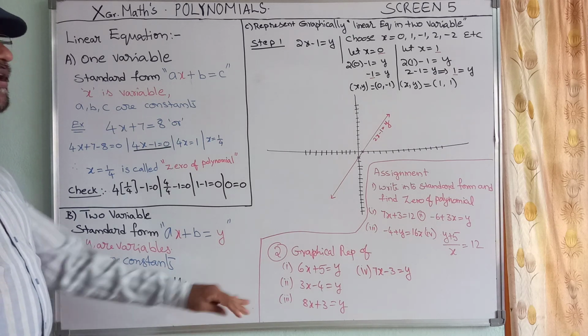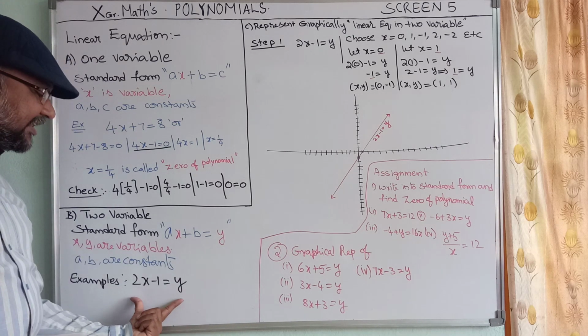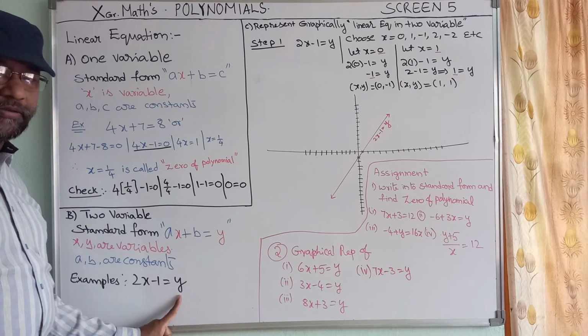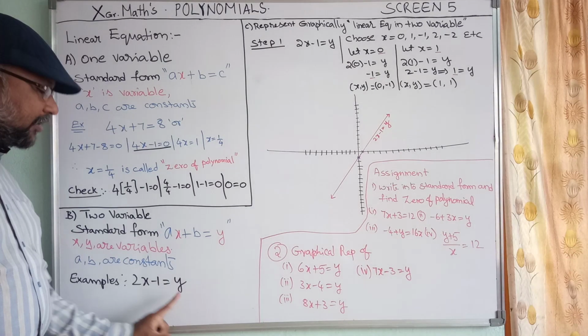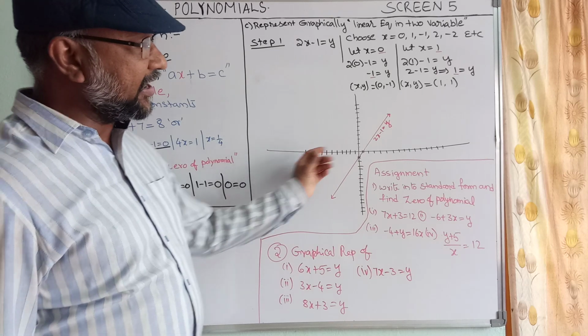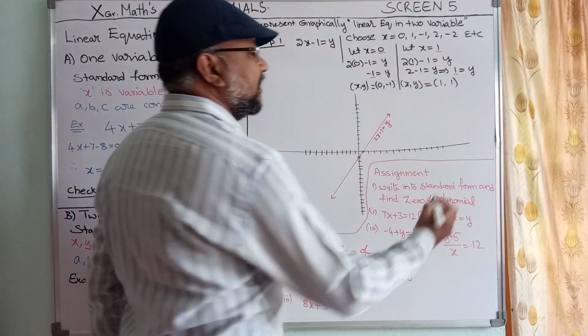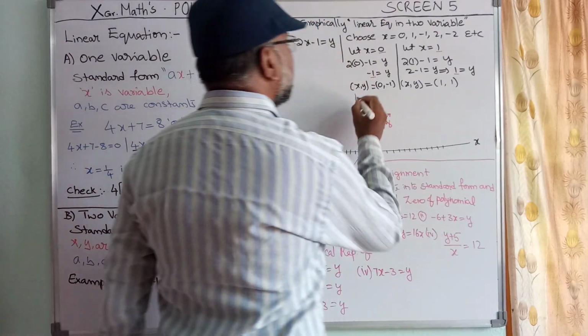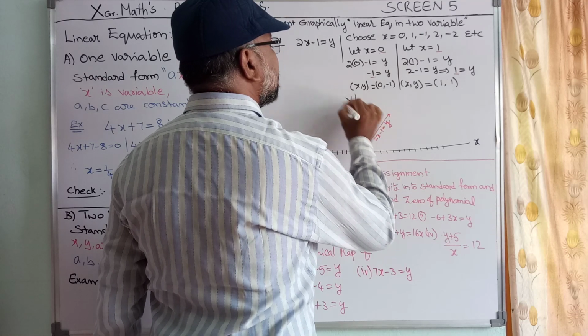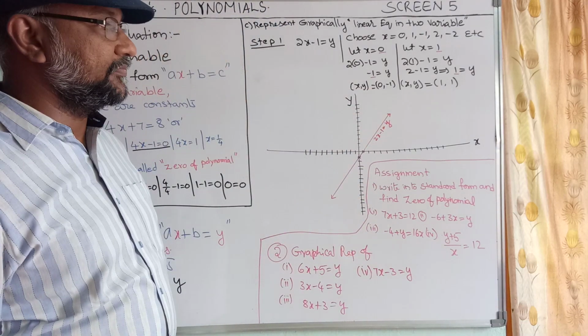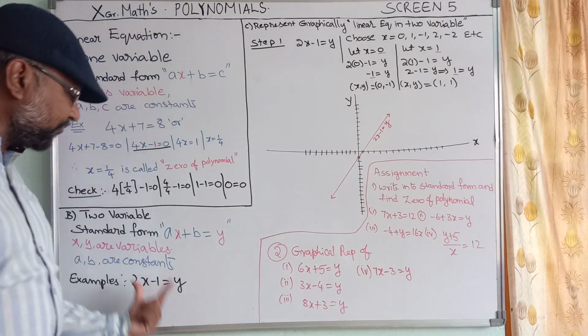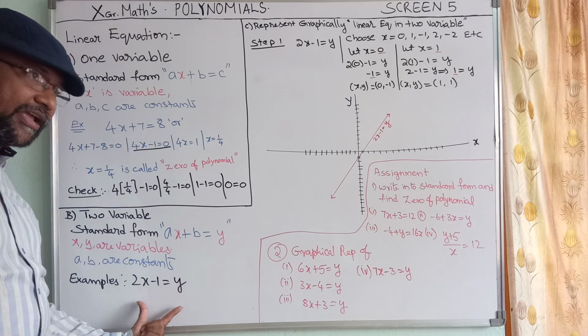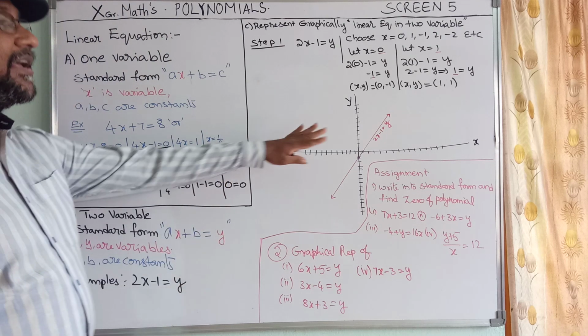But we can represent it; this is called a linear equation in two variables. So two variables mean, here in a graph we have the x-axis and the y-axis. Both are the two variables. So we can represent this linear equation in two variables graphically.